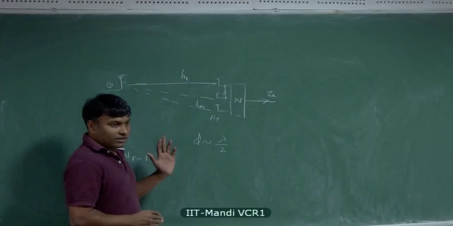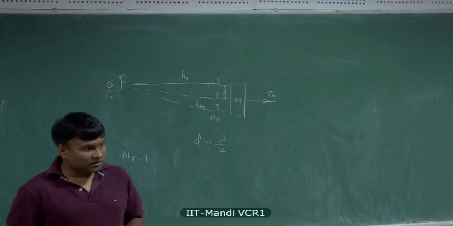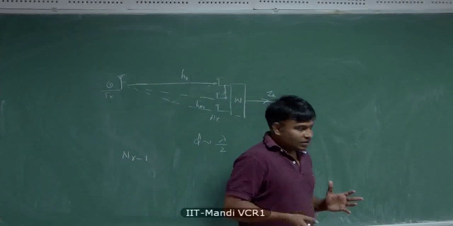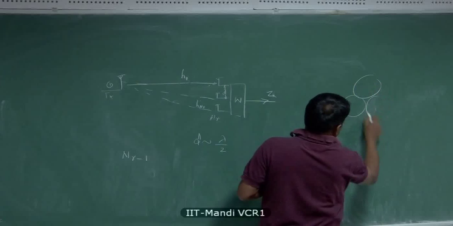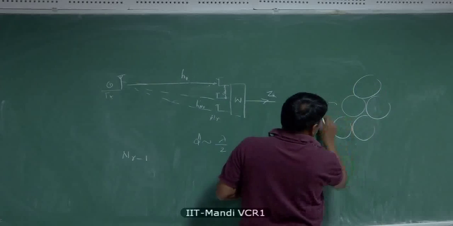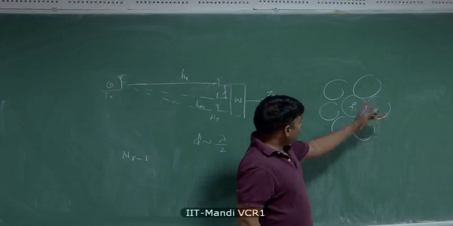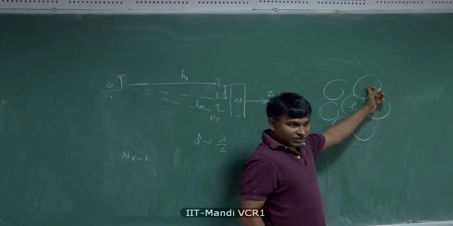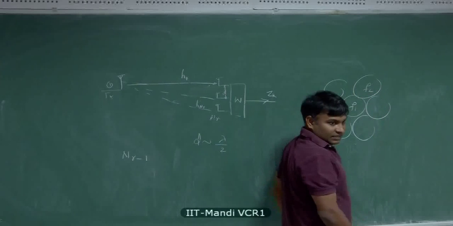So, this framework enables one to reuse frequencies more aggressively. When the spectrum is scarce, usually what happens is that people construct cells. These bubbles represent cell sites, use frequency F1, and if you don't want to reuse the frequency in the neighboring cell because it creates interference, then you have to use another carrier F2.